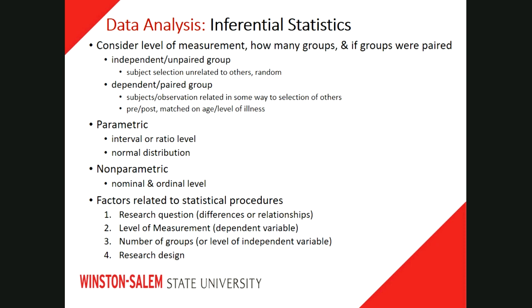This is where you have the pre-post, or persons who may be matched based on their age, their level of illness, or what have you, versus the independent unpaired group, where subjects are selected unrelated to other subjects or other factors, and it's random selection.